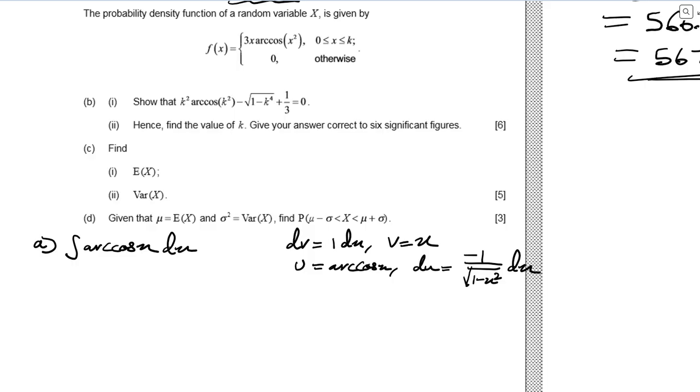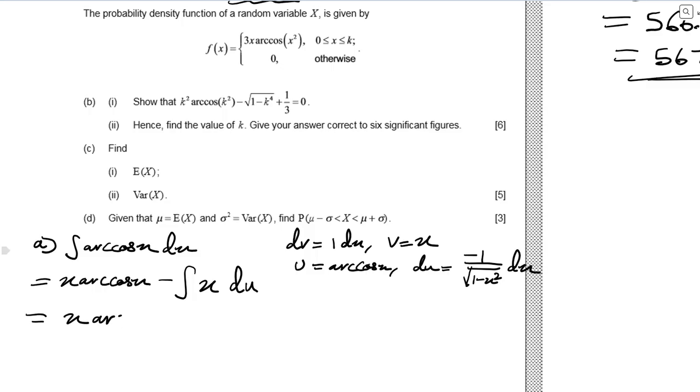And so we just do uv, that is x arc cos x. Then we have minus the integral of v, which is x, for du, right?